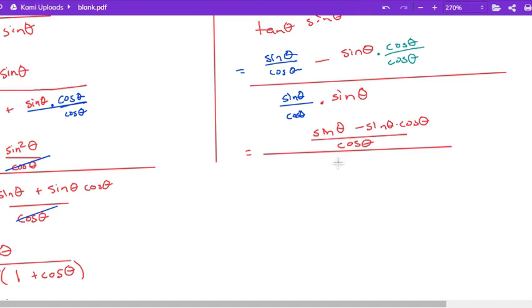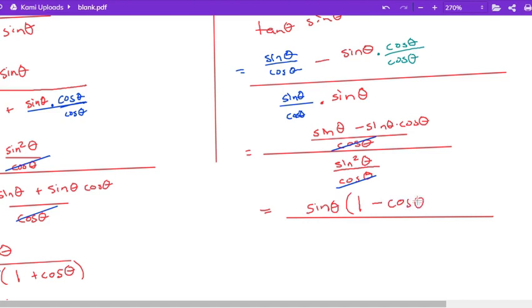All right, let's go to the denominator. Here, I've got sine squared theta over cos theta. What can I cancel right now? The two cos thetas. Now, the numerator, I'm going to common factor the sine theta, and I've got 1 minus cos theta.